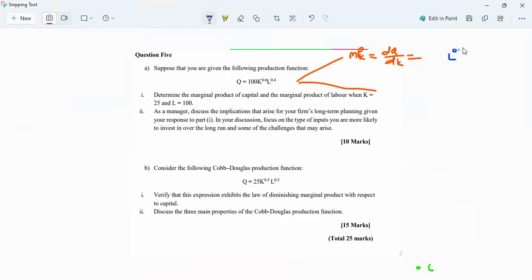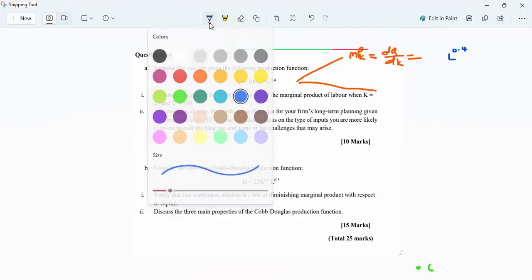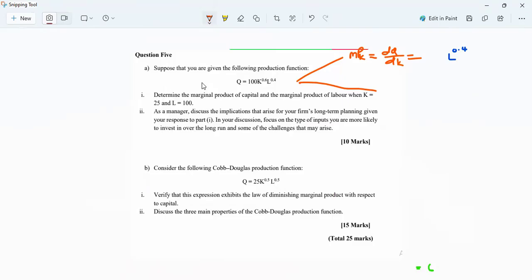What are we differentiating? 100K^0.6. So what is the derivative of 100K^0.6? So it will be 60 K^-0.4, right?